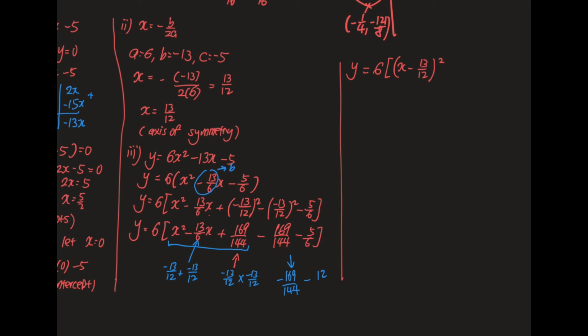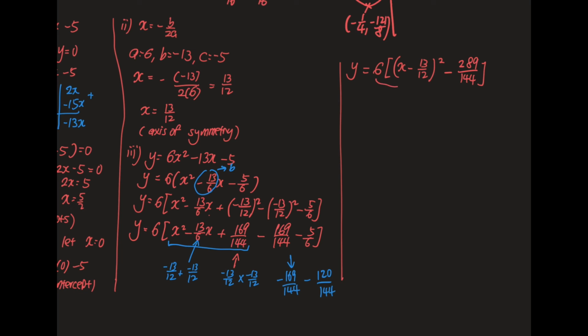What to do is I need to times 24 up and down, so I get 120 over 144. After that I get minus 289 over 144.